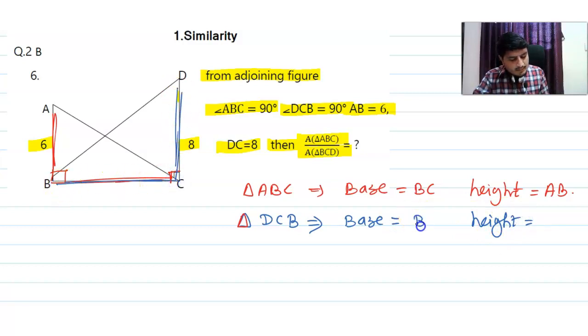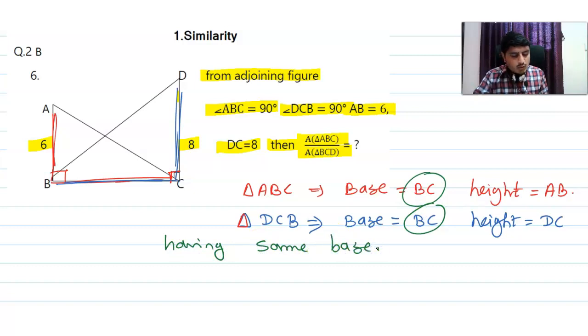So BC is the base and DC is the height. Now those two triangles have the same base, so for triangles having the same base, the ratio of their areas is proportional to the ratio of their corresponding heights, that means AB and DC.